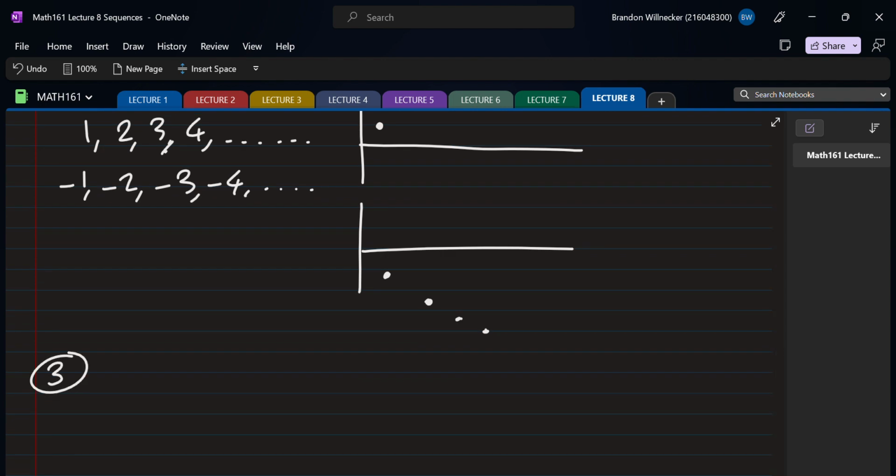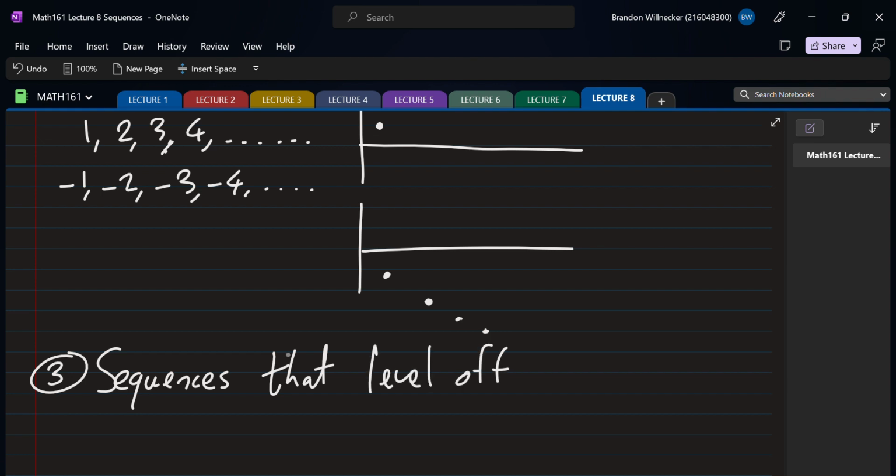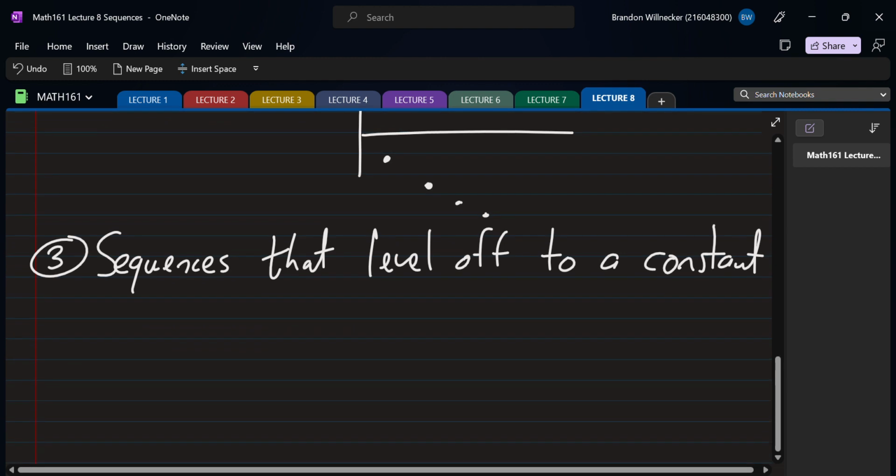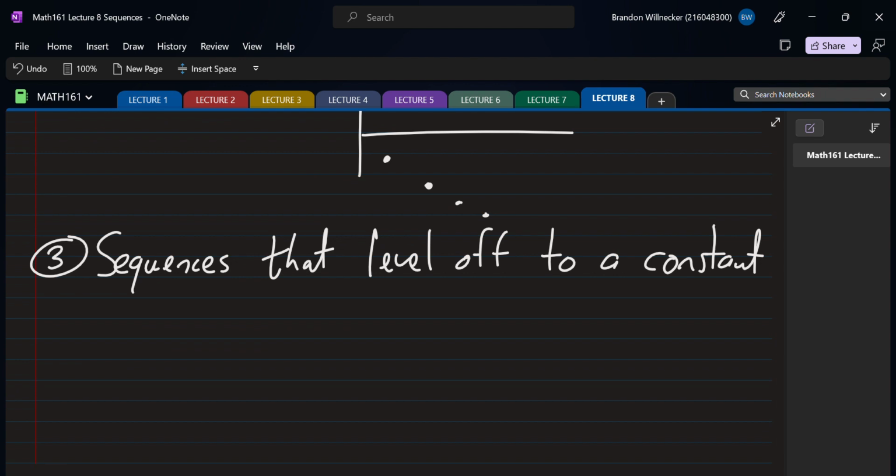Another type of behavior that we could get is sequences that level off to a constant. What do we mean by this? We mean that at some point the sequences level off, so they approach some sort of constant.